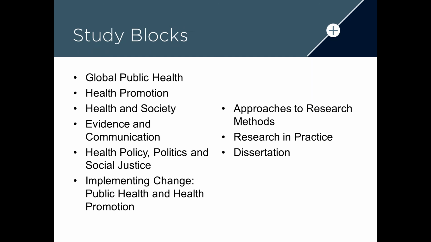Obviously, all health promotion and public health needs to be informed by health policy and cannot be seen in isolation of the political system. So we have a study block on health policy, politics and social justice. And to think about how we put all these into practice, we have one particular study block about implementing change. How do you consider all these different ideas and theories and different things we've looked at, and through modelling a change and how that happens.